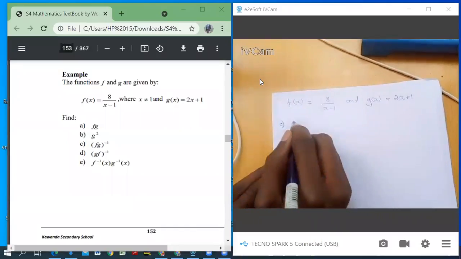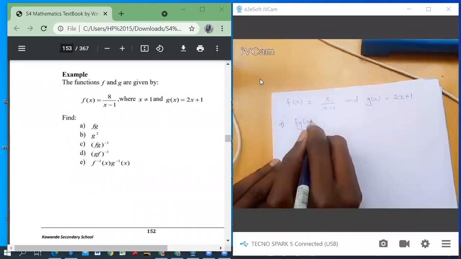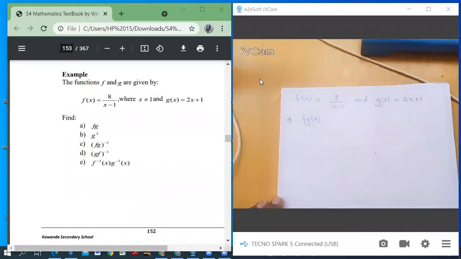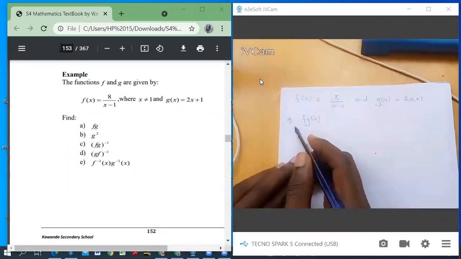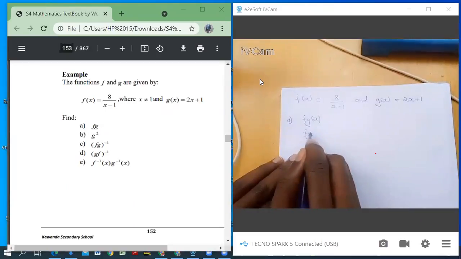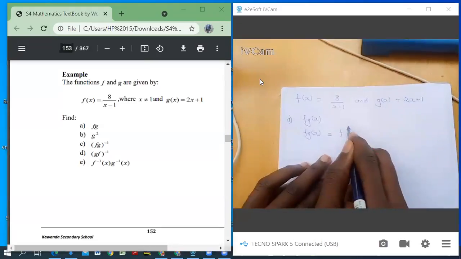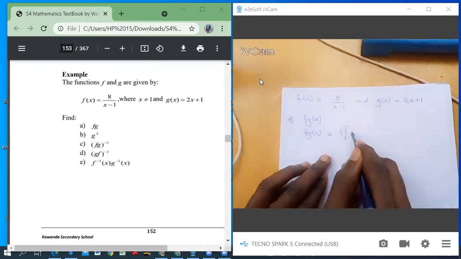They want us to find fg of x. So what do we do? We say fg of x is equal to f of g of x. We take the function which is close to x, which is g of x.